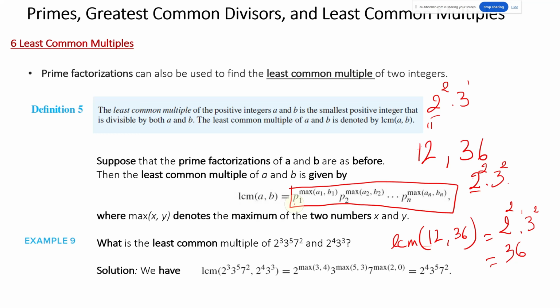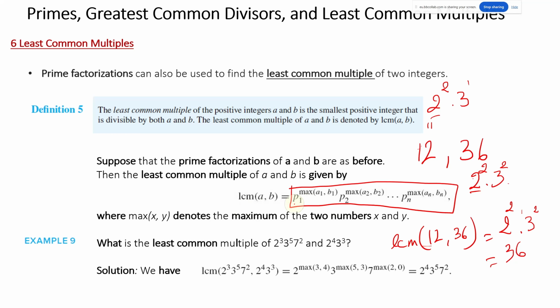So if we now have a look at these two, and we try to look for the least common multiple of these two, we'll have between the 2 to the power of 3 and 2 to the power of 4, 2 to the power of 4. Between 3 to the power of 5 and 3 to the power of 3, there is going to be 3 to the power of 5.